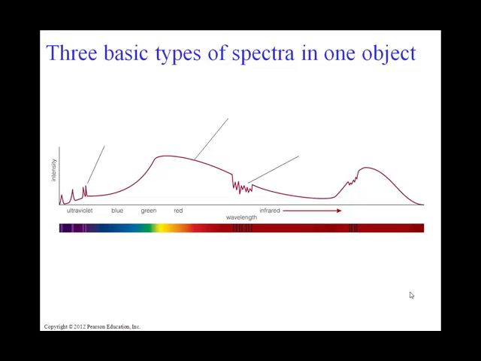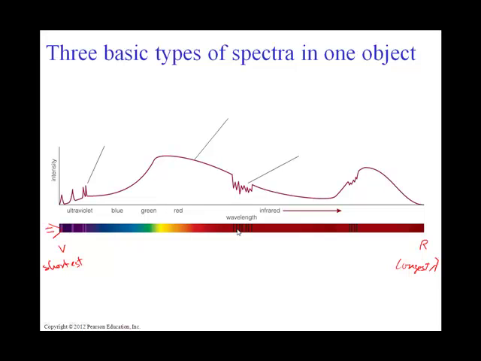So this is showing us what we call spectra, in two different ways. Okay, this line right here, you can probably see the violet over here and the red over here. So this would be the longest wavelength, and this would be the shortest wavelength, of visible light.